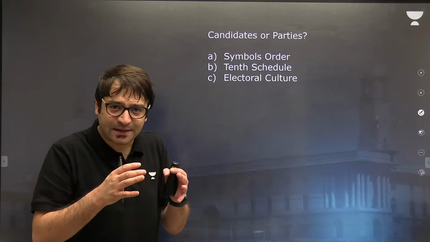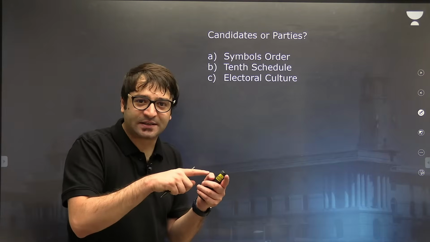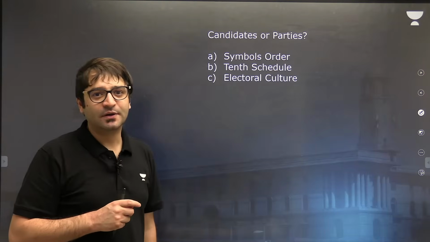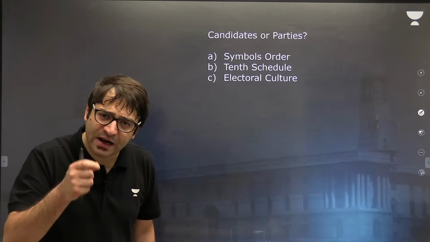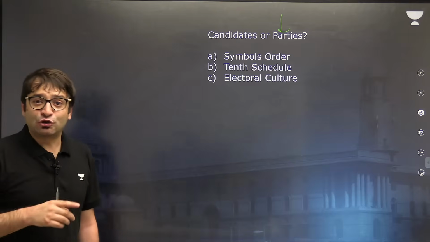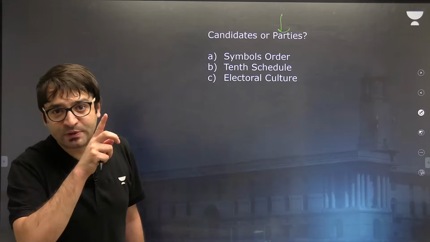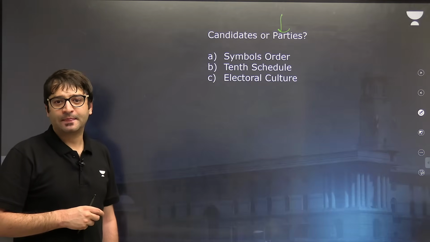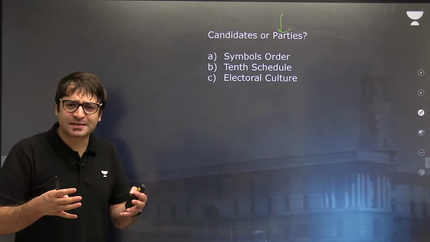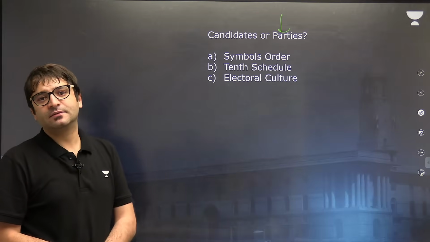Because in our setup, individual candidates as well as the parties should come under it. Why? Because we place more emphasis on parties rather than candidates. So if individuals are subject to the right to information, political parties should also be subject to it. Why? Because in our system, political parties have more prominence as against candidates.